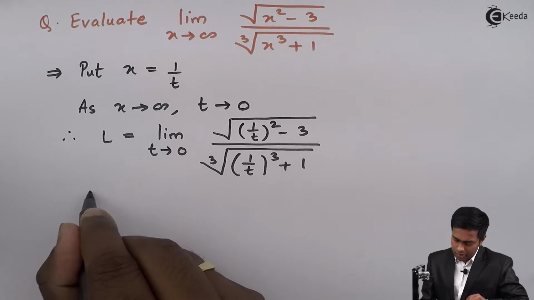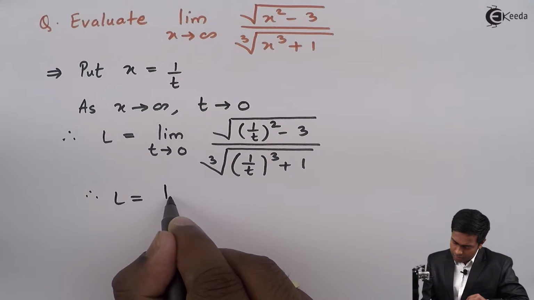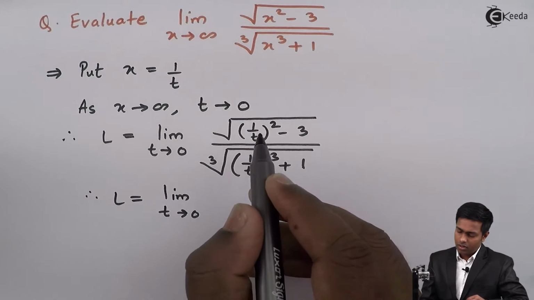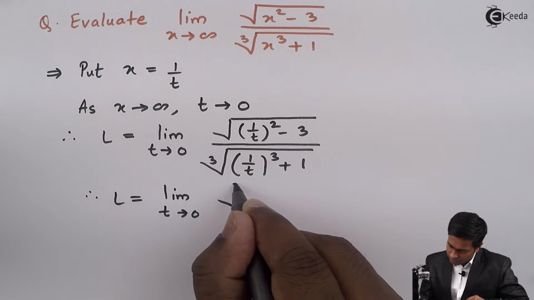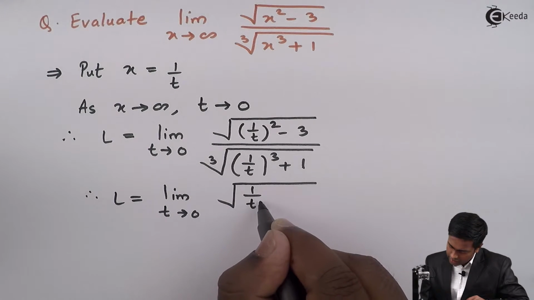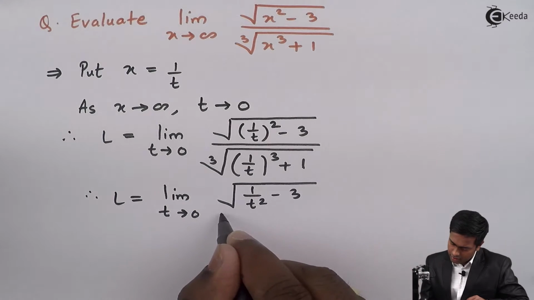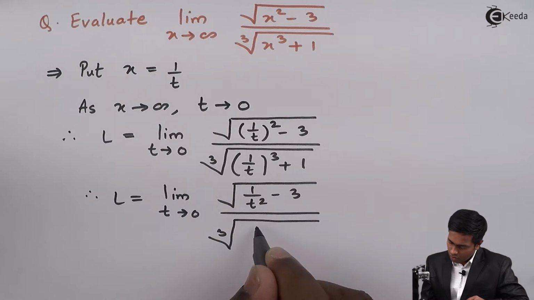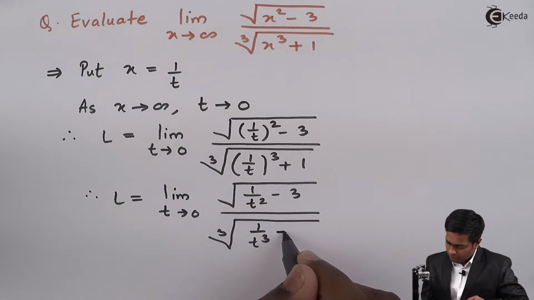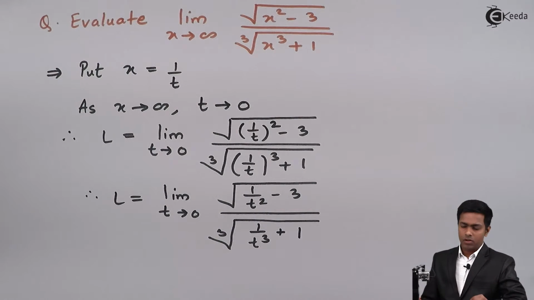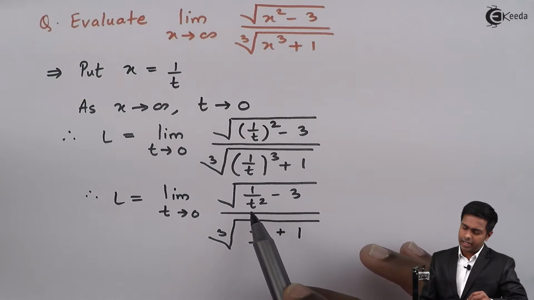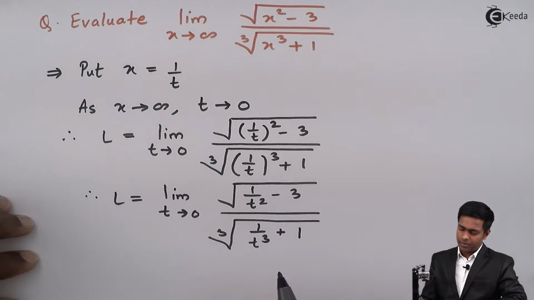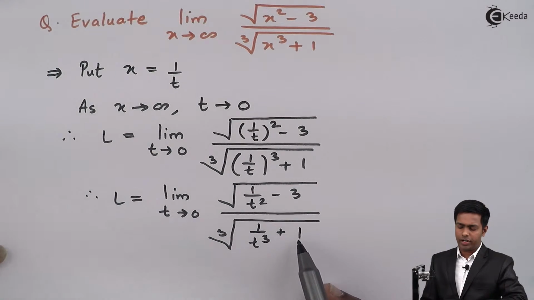So now L will become the limit t tends to 0 of square root of 1 upon t square minus 3 upon cube root of 1 upon t cube plus 1. After this, taking LCM, here we will get 1 minus 3t square upon t square, and here 1 plus t cube upon t cube.